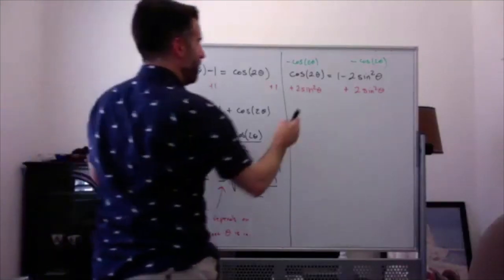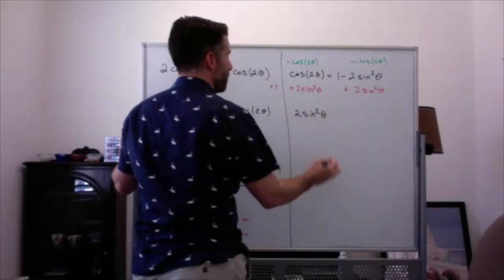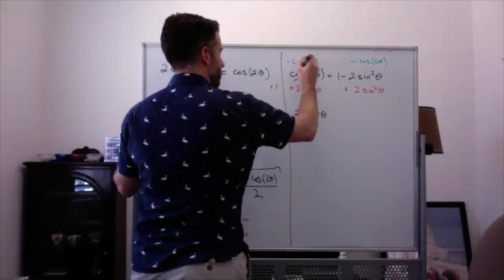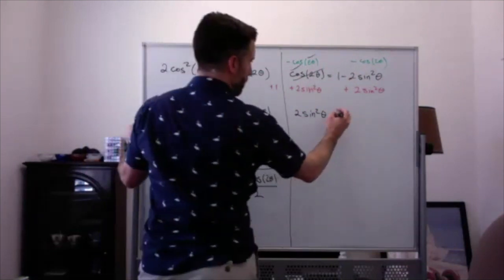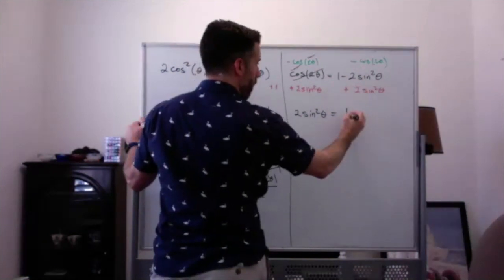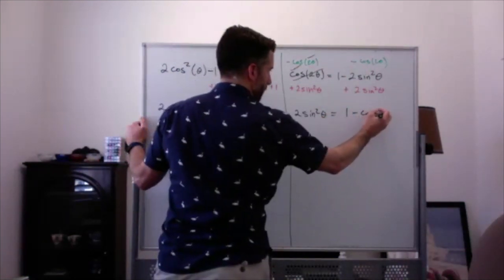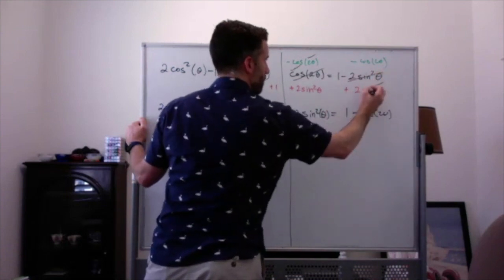So we end up with just 2 sine squared theta on the left, because that cancels with that. And I'm going to have 1 minus cosine of 2 theta, because this and this cancel out.